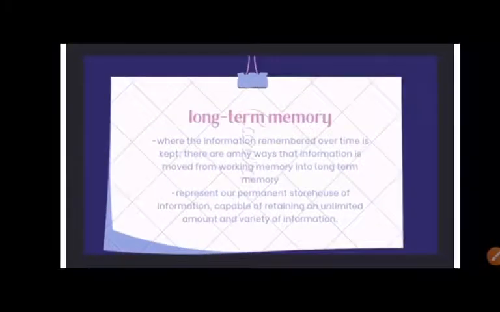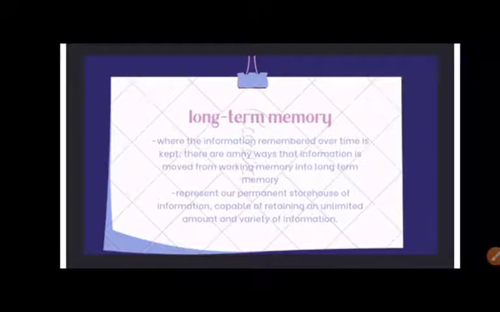The next is long-term memory, where the information remembered over time is kept. There are many ways that information is moved from working memory into long-term memory. It represents our permanent storehouse of information, capable of retaining an unlimited amount and variety of information.